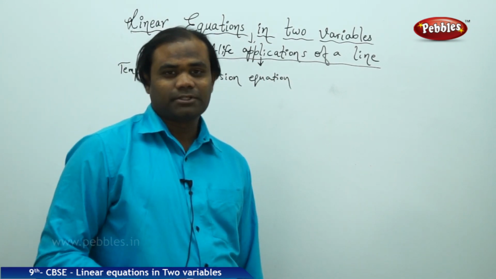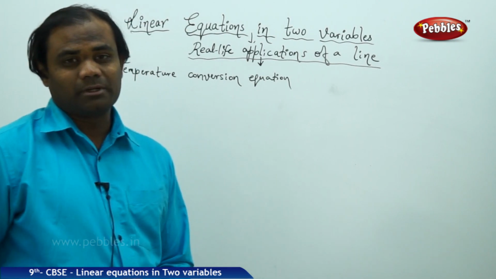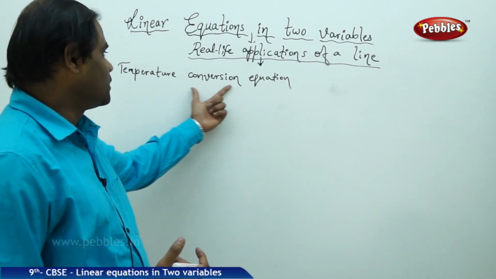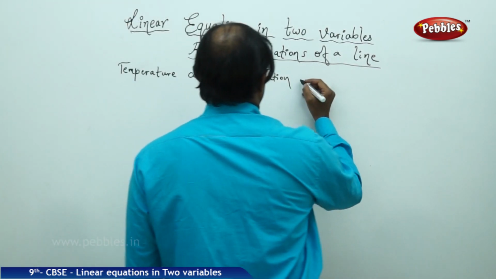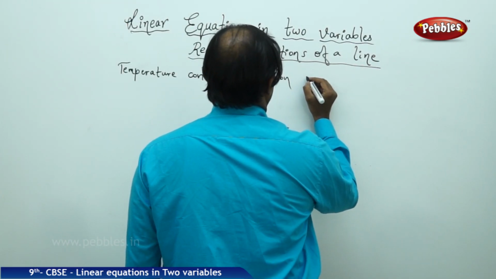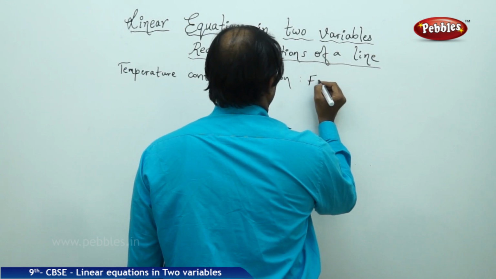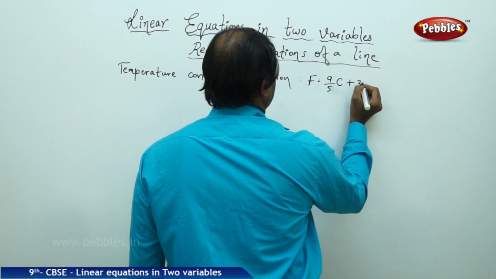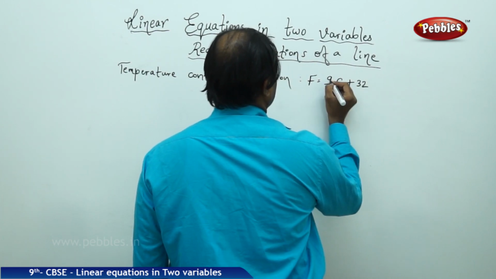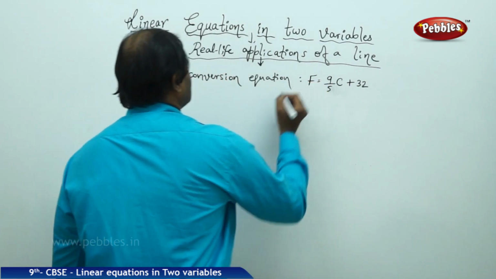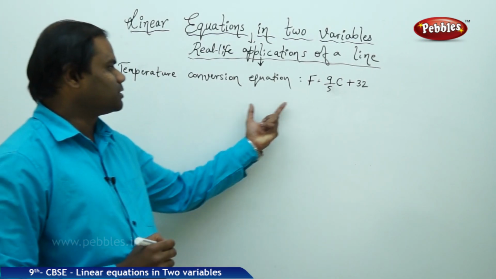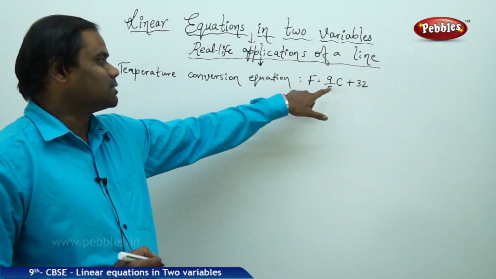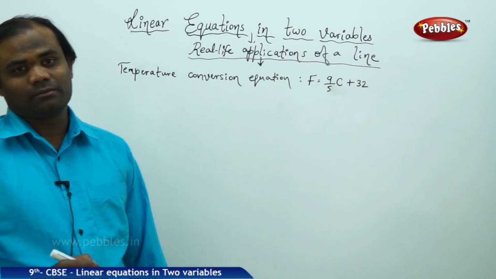Usually the temperature conversion is done through a mathematically calculated equation through data collection, which is given to be F equals 9 by 5 C plus 32. The temperature conversion equation F equals 9 by 5 C plus 32 is a linear equation in x and y.